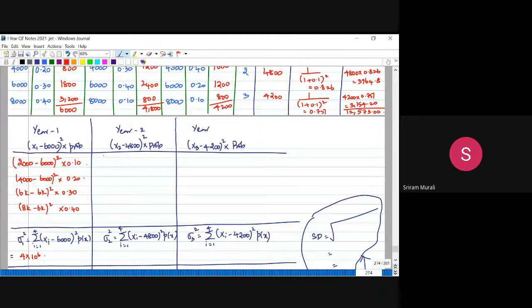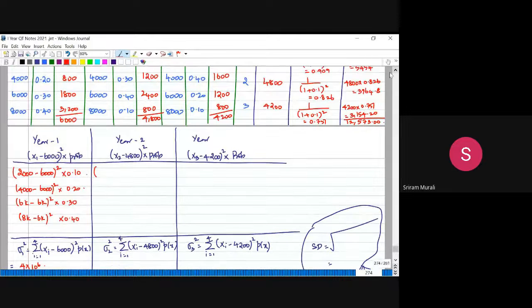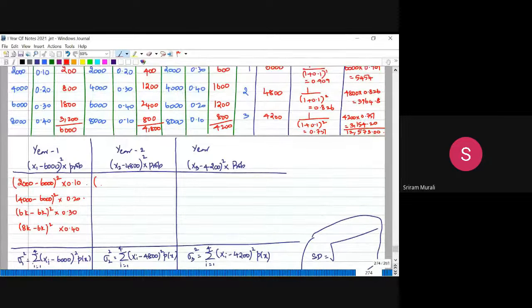In the same way, we have to compute for the second case. What is the second case? 2K minus 4800 into the probability, which is 20%. This is 4K minus 4800.